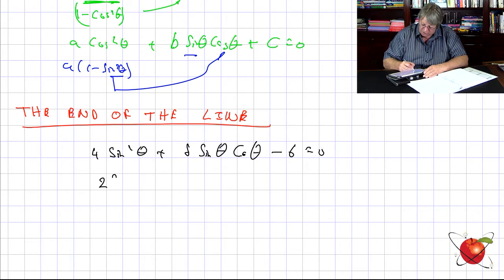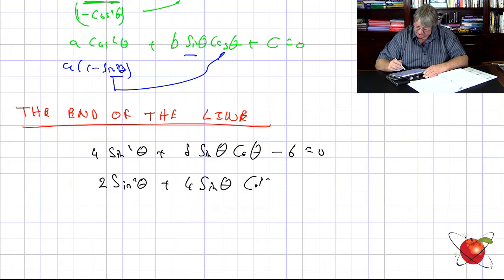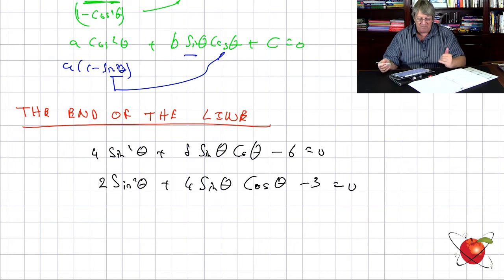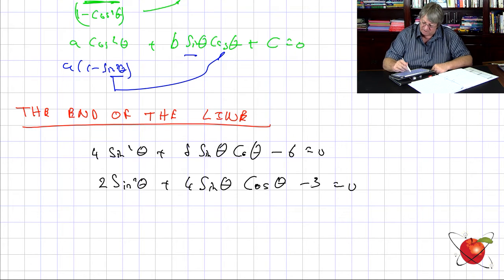So that becomes 2 sine squared theta plus 4 sine theta cos theta, not co-theta, Kevin, cos theta, please, minus 3 equals 0.